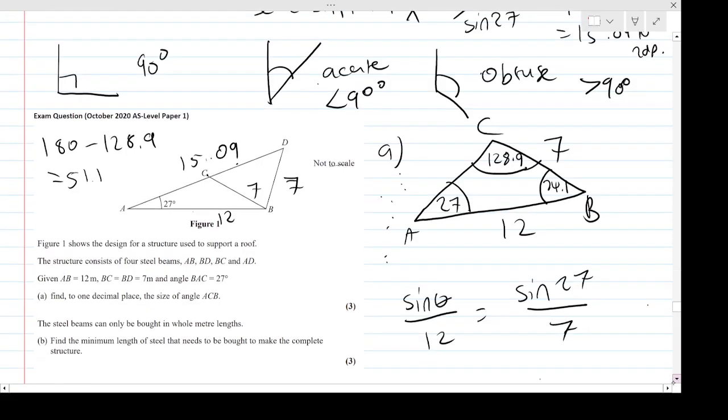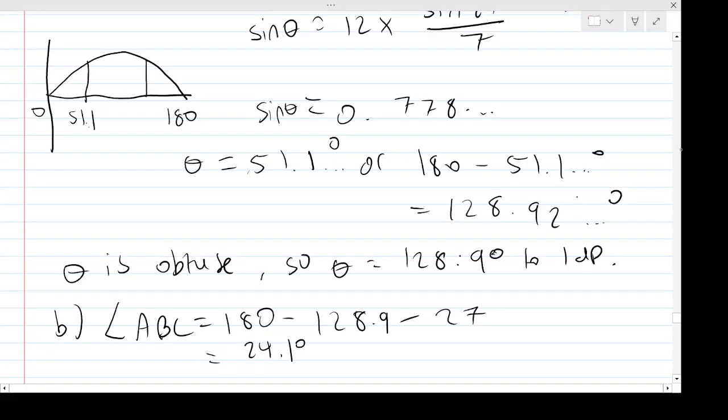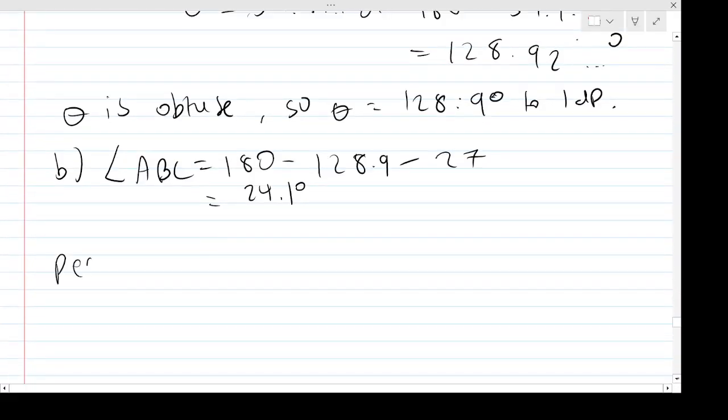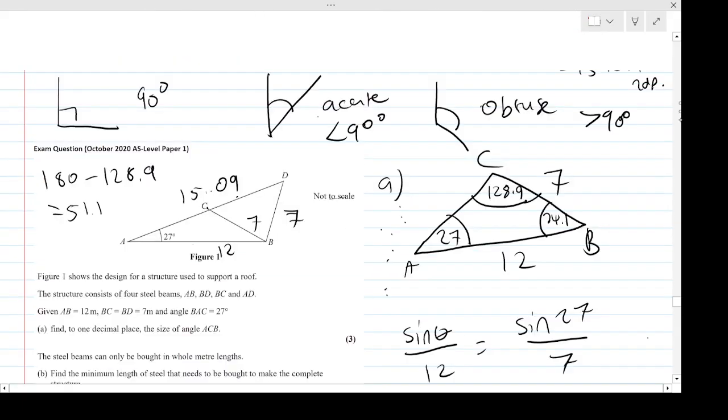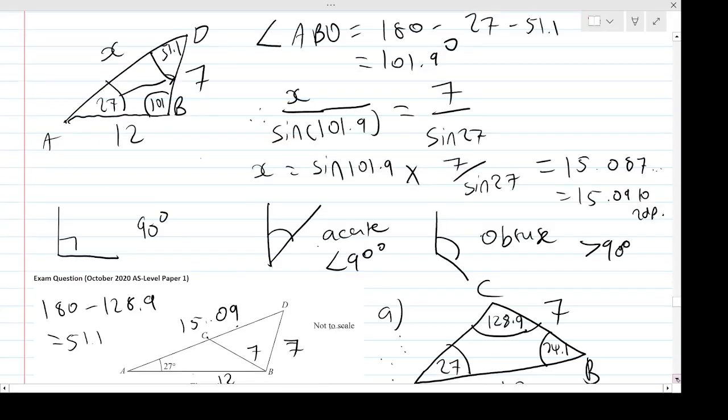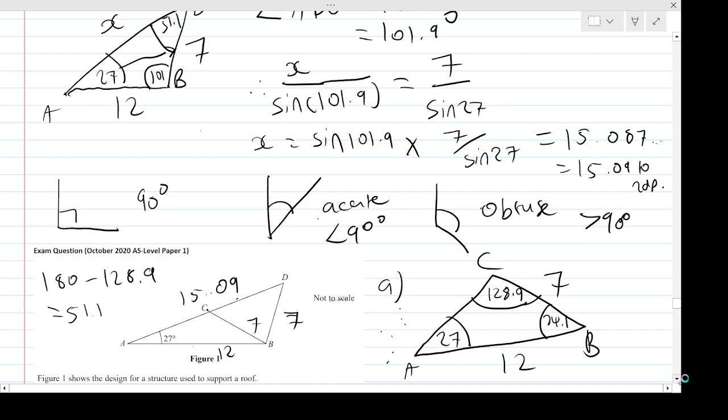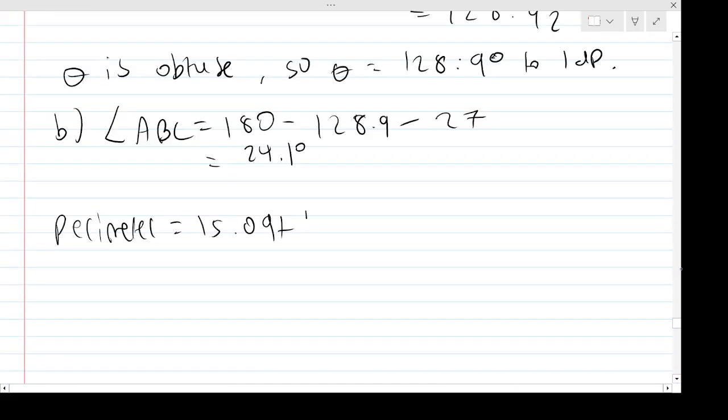So the overall perimeter is first this 15.09 that we worked out, add the other sides, which is 12 and 7 and 7, which is 41.087 meters, I believe.